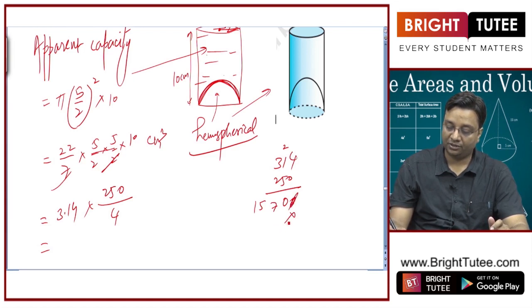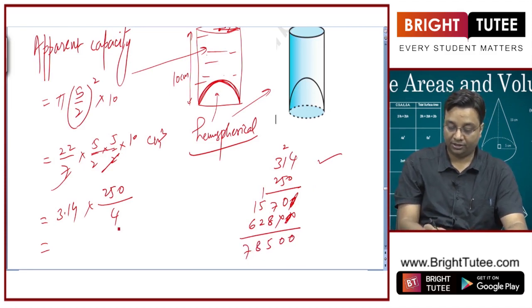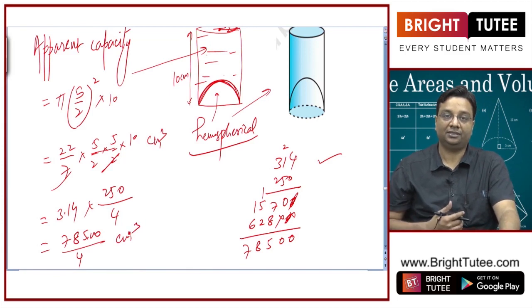You do this calculation yourself. So this gives 78500, and you put the decimal here, divided by 4 centimeter cubed is the apparent capacity, right?